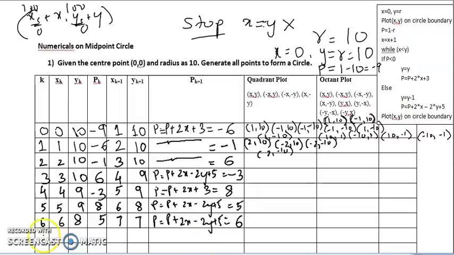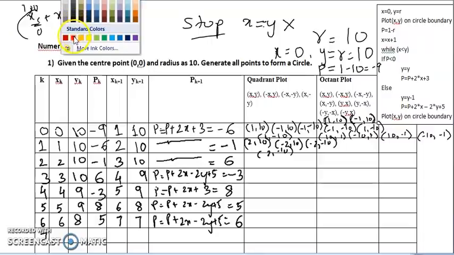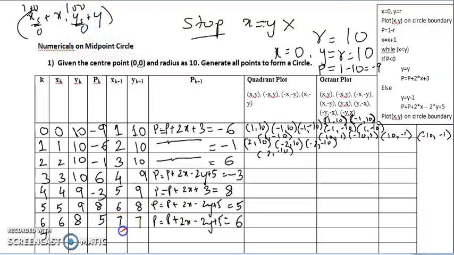Okay, now I move on to iteration number 7. But before I move on to iteration number 7, I check what the values are. The values that I am getting here in my xk plus 1 and yk plus 1 are 7 and 7.